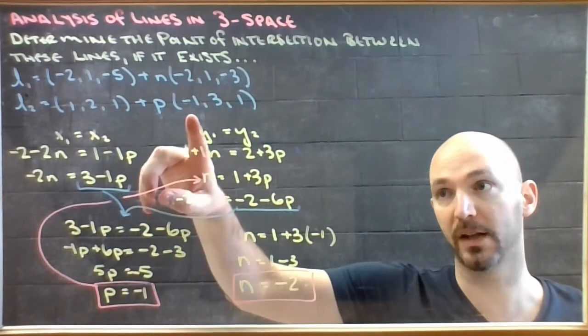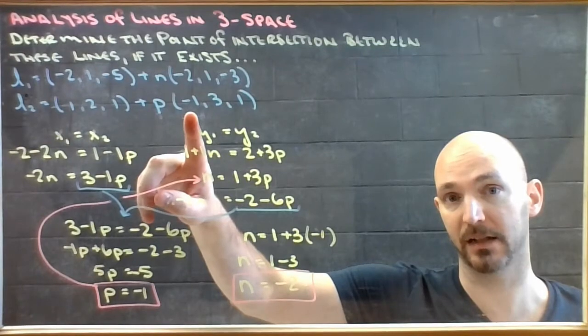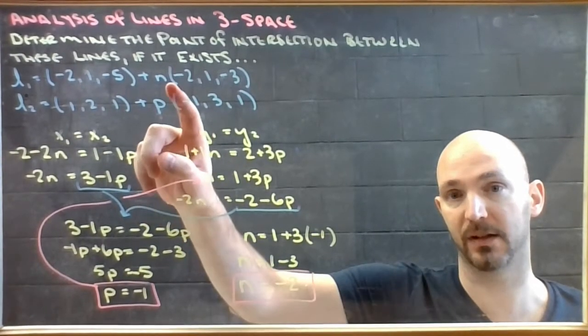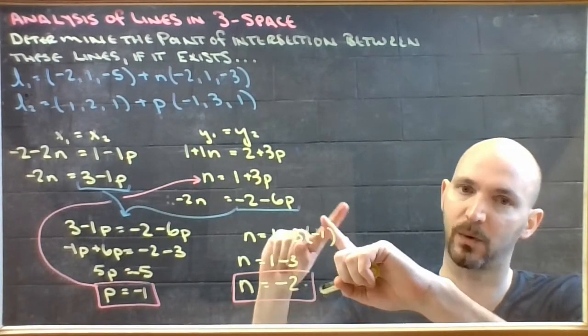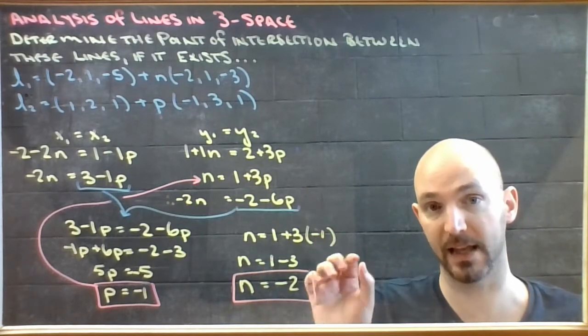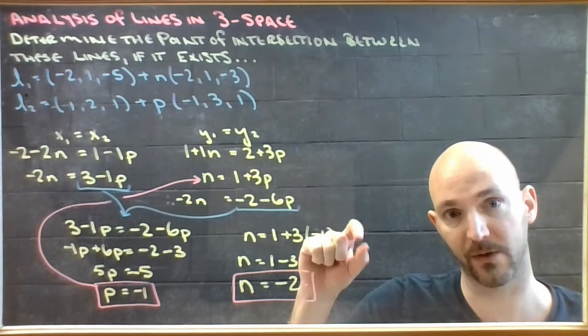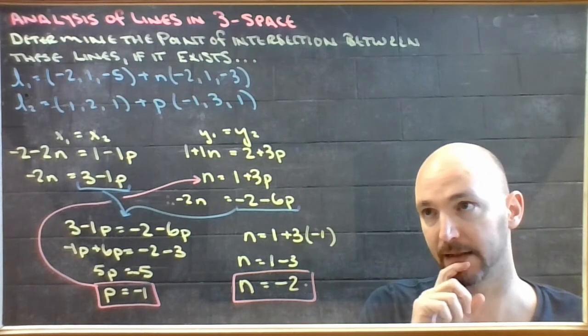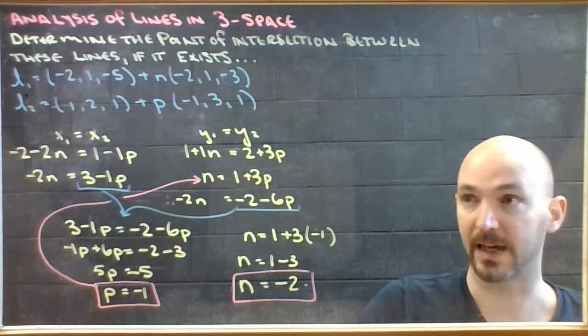Alright, so 1 step backwards on this line and 2 steps backwards on this line will get you to that place where x and y line up. We just have to check and see if z's are actually matching or if they're hovering atop each other like the last example. So I'm going to get my z coordinates.